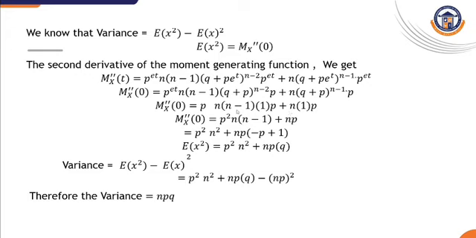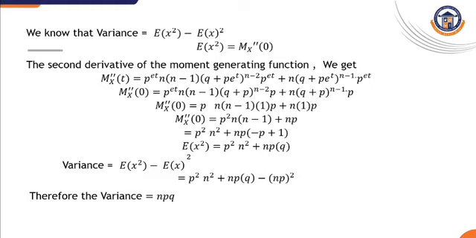Now we simplify: np into (n minus 1) into p, plus np. Now multiplying inside the bracket, p square n square plus np into (1 minus p).